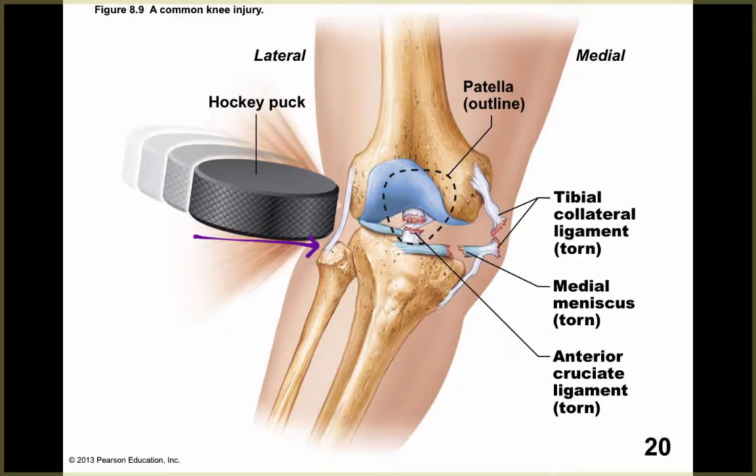This is showing a hockey puck, but in football, when they go to tackle, if you fall just the wrong way, this is what can happen. It shows the force coming from the lateral side, and that is going to blow out several different ligaments. You can see the ACL being torn here, the medial meniscus, and the tibial collateral ligament.